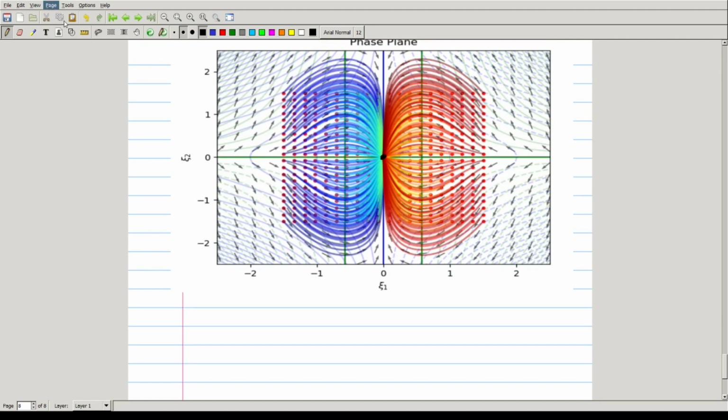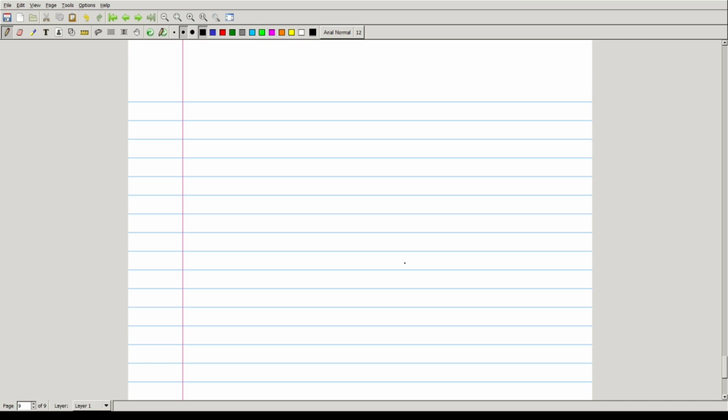And the next example is going to be an entire class of functions. This is sometimes called the class of potential functions.